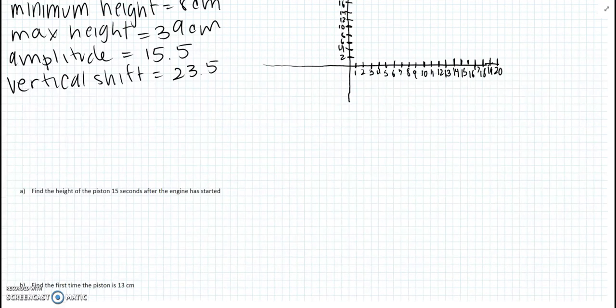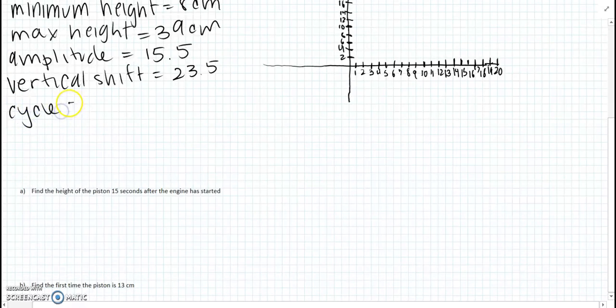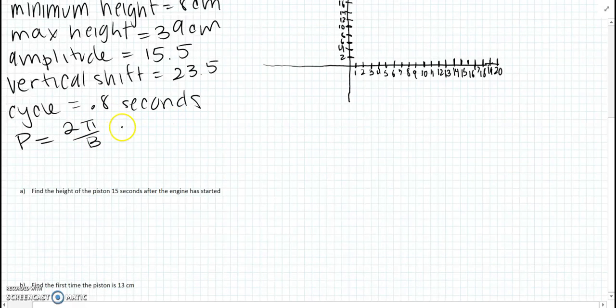The difference in the two times given is 0.4 seconds, which represents a half of a cycle. So that means that one cycle would equal 0.8 seconds. By using that, we can find the angular frequency by plugging 0.8 seconds into the formula P equals 2 pi over B. With that, we know the angular frequency is 5 pi over 2.